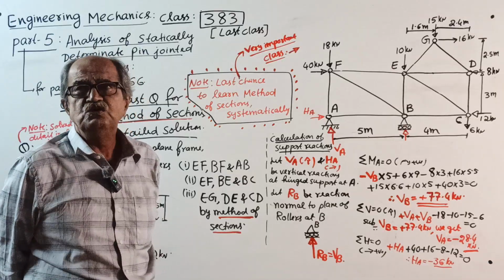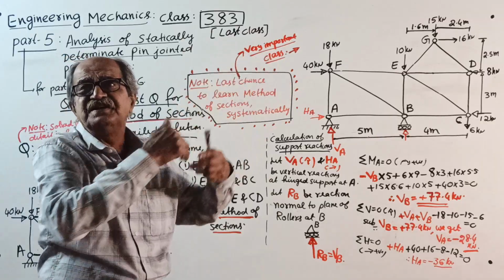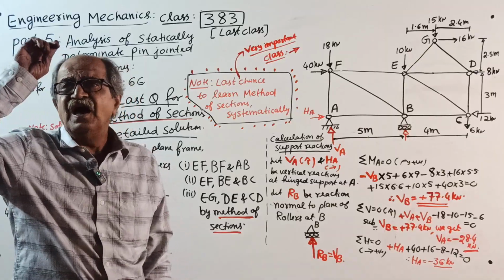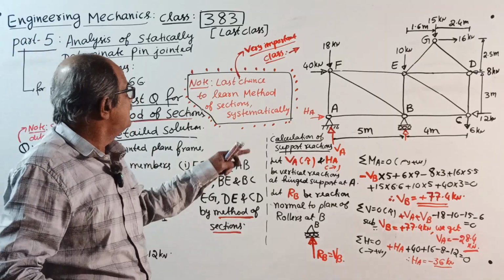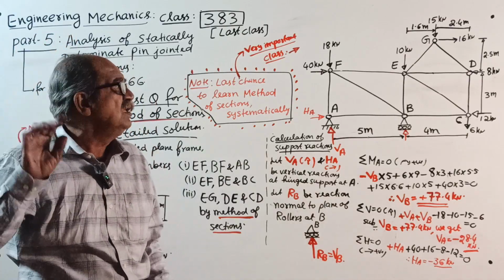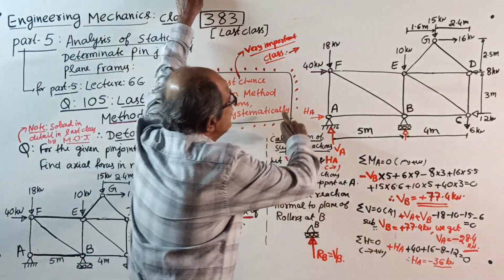For that, you need not find reactions. You look at the other side, the free end side, where support is not there. Already class uploaded. I told the principle, etc. You search there. Special case, I told, problems also solved. Go through it.